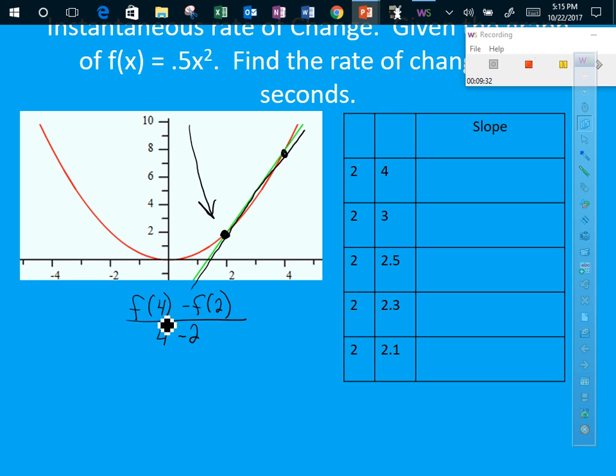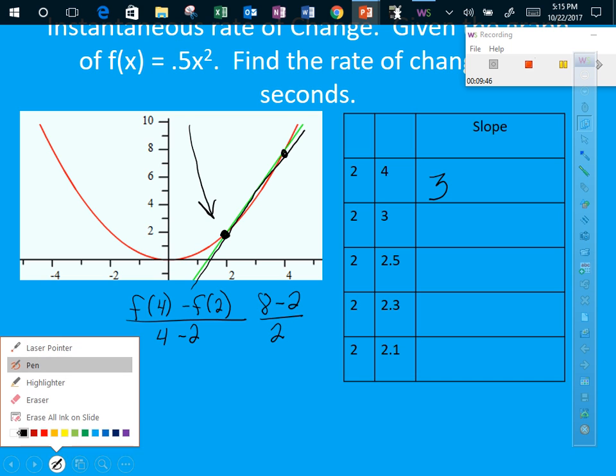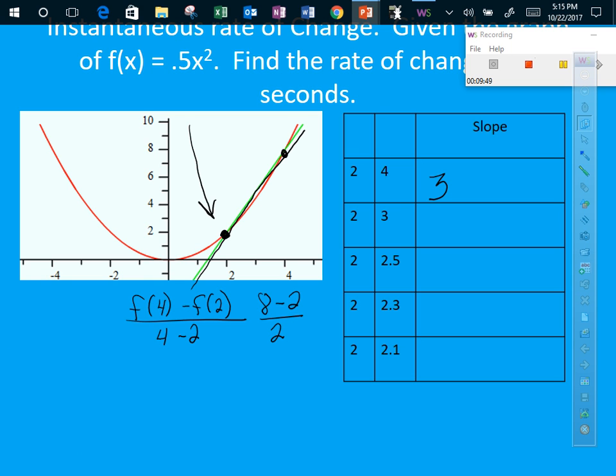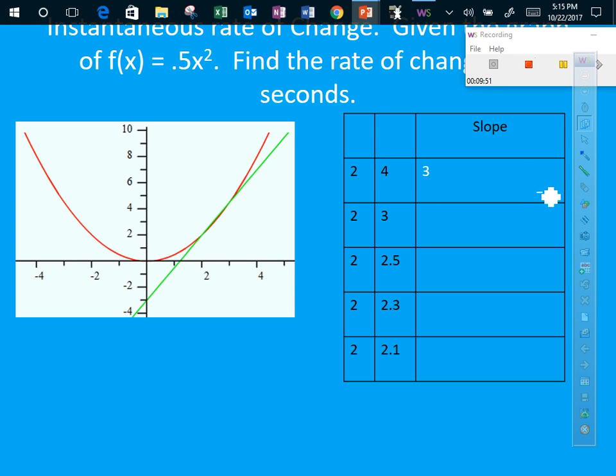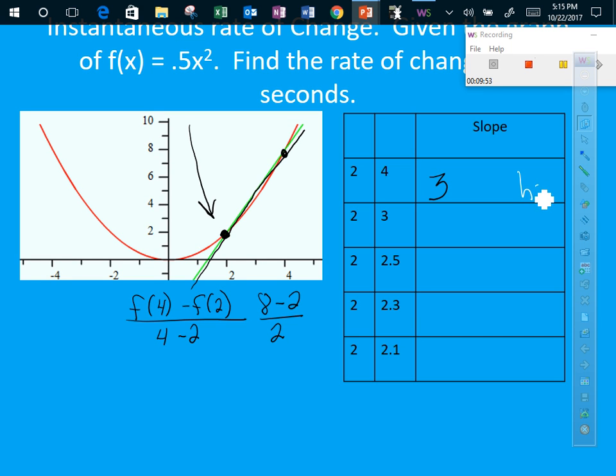Looks like f of 4 is going to be 8. F of 2 is 2 squared is 4 times a half is 2 over 2. So it looks like this slope is 3. Now, while I'm here, I'm going to start plugging this h value. Right now that h value is 2 because it's 2 units from 2 to 4.